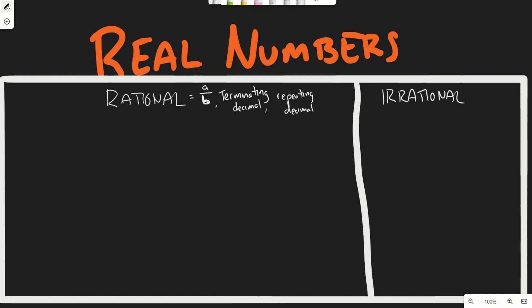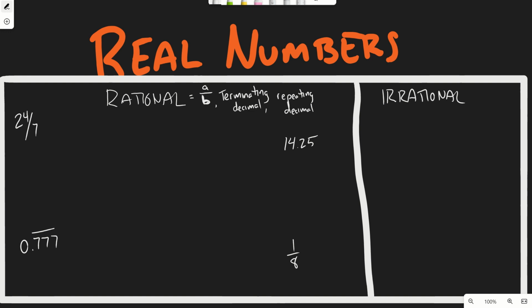Okay, so rational numbers are going to be things like 24/7, or 0.777 repeated, or 1/8, or 14.25, things like that. These are all rational numbers. They end. They have a stopping point.